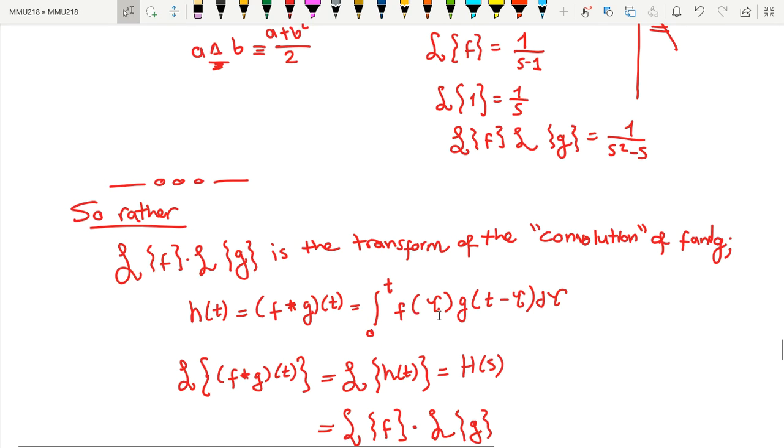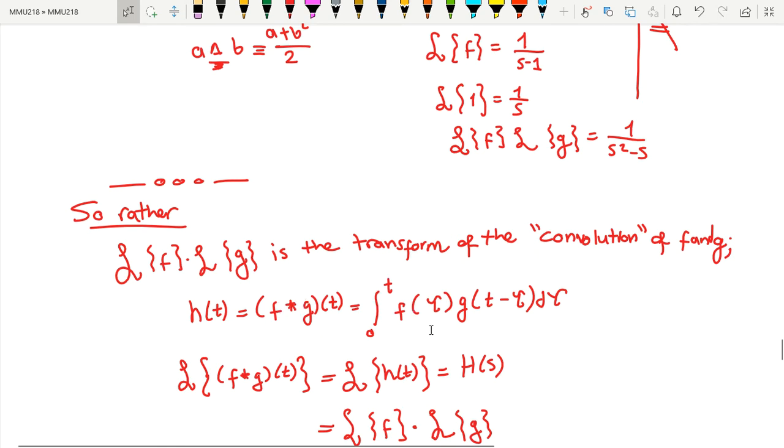So some variable, like if I'm going to take it with respect to d tau, the same variable in one of the expressions, and t minus tau in the second expression. So basically it's some sort of an integral operation, whatever that convolution is, the star operation.